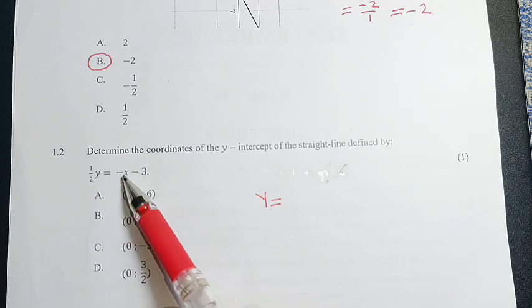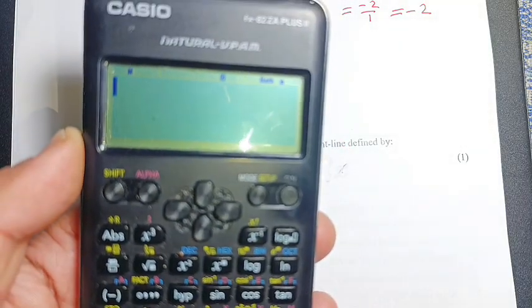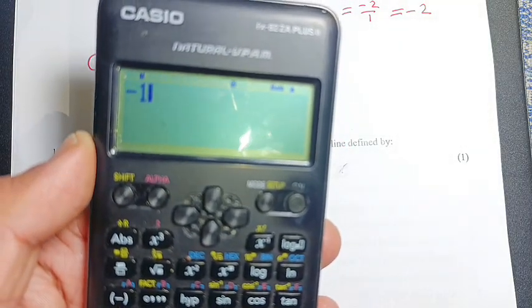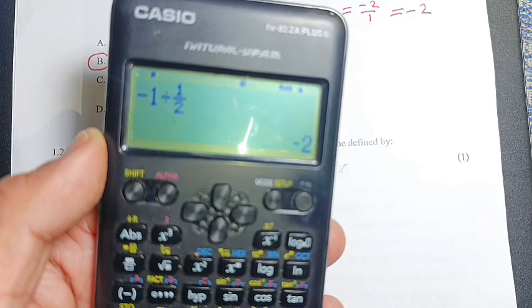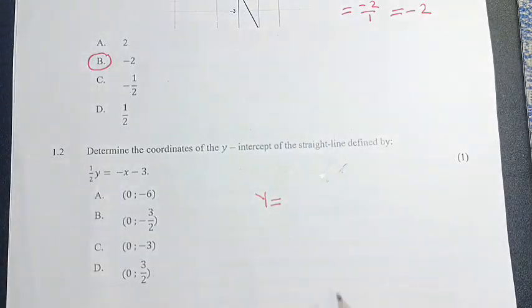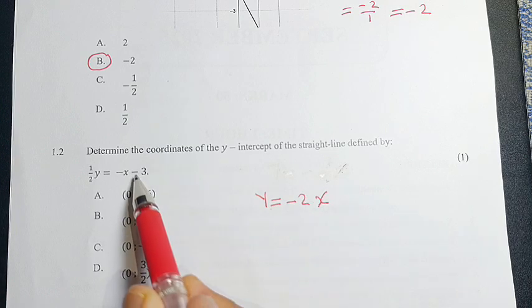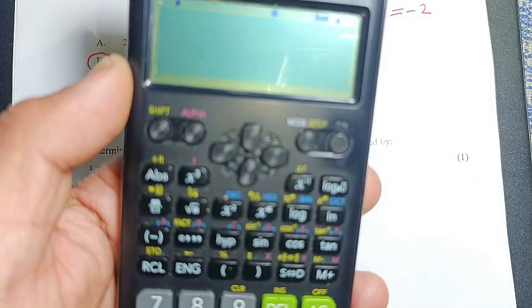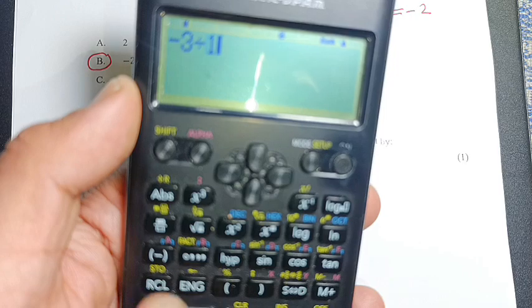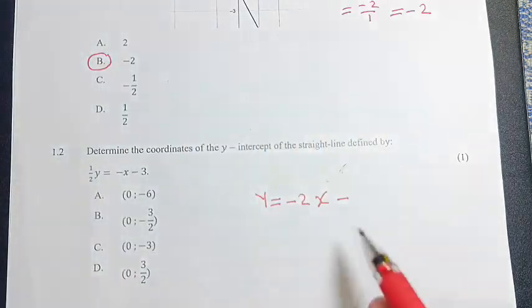On this side, negative 1 divided by 1/2, using the calculator, the answer is negative 2, so we got negative 2x. Now negative 3 divided by 1/2, the answer is negative 6.